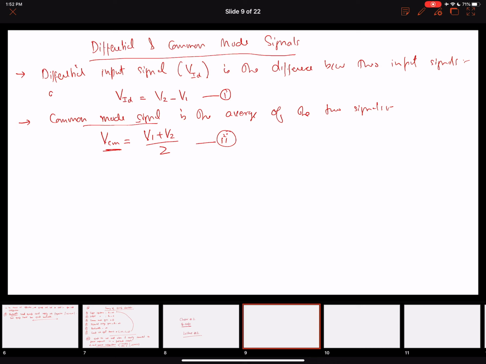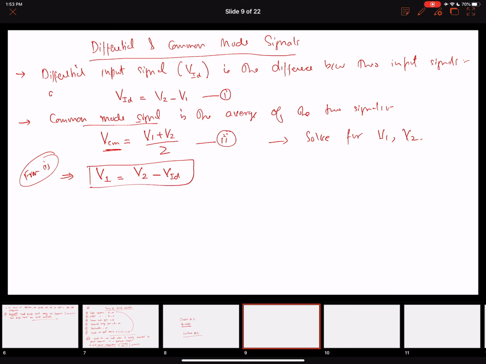So we have two equations. Let's solve these equations for V1 and V2. From equation number 1, we can find the value of V1: V1 equals V2 minus VID.